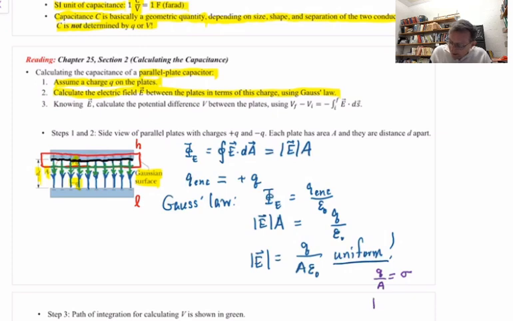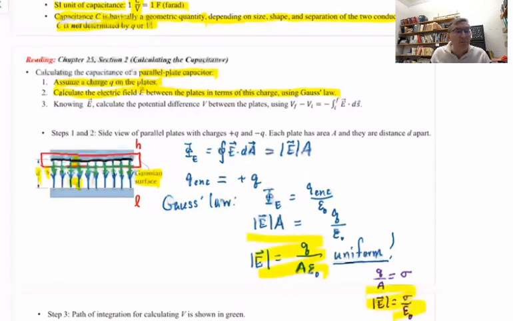Then the formula for the electric field magnitude is just sigma over epsilon 0. That's the same way of expressing that, and that second way is how we wrote it in chapter 23.